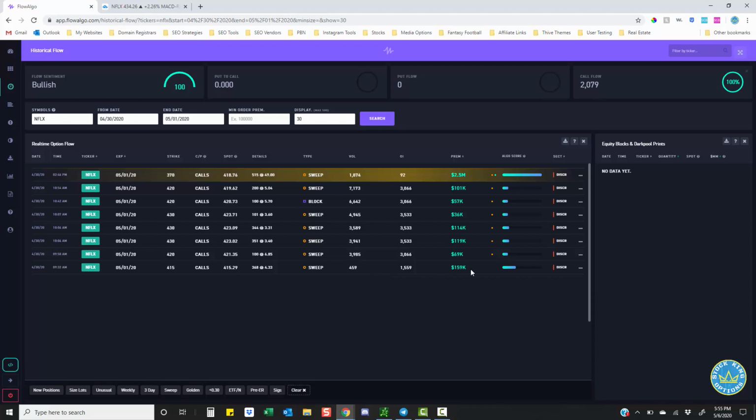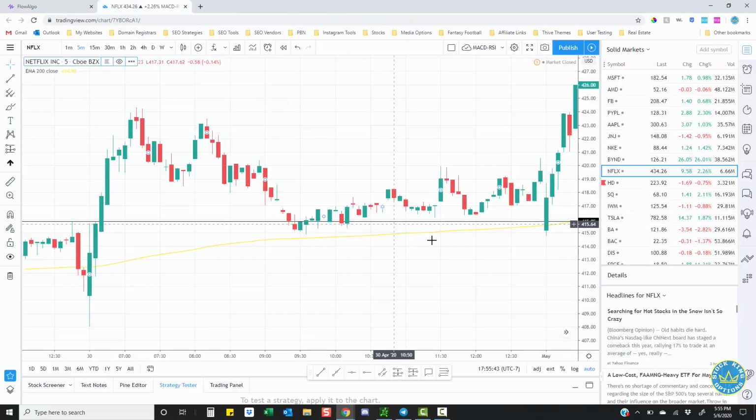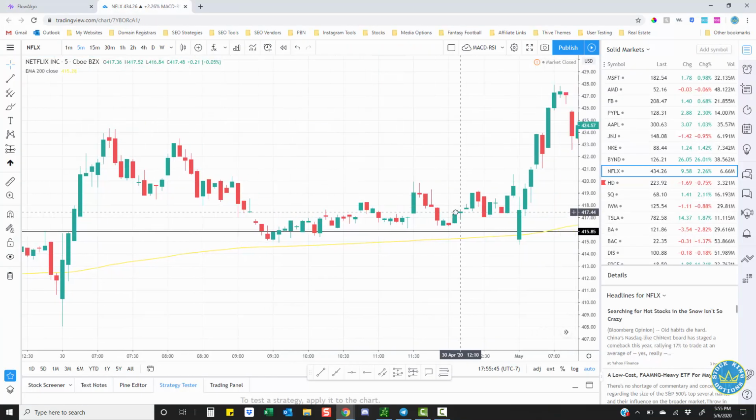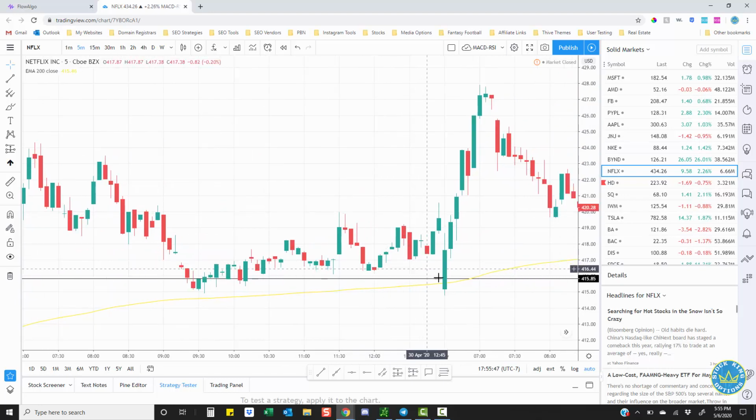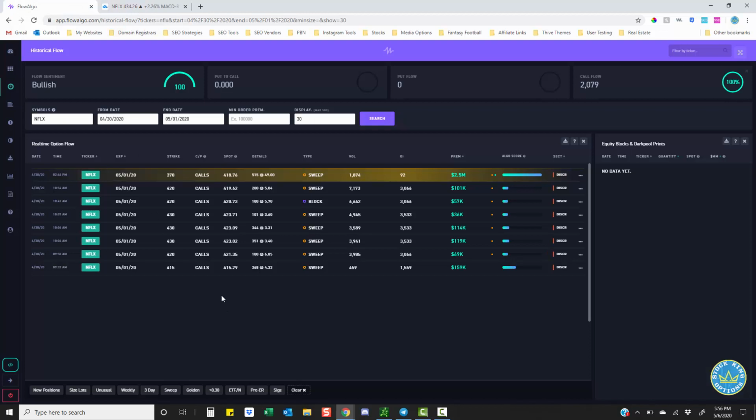They made all these orders for the next day expiration, and they're not just going to toss all this money away. So they came in, and guess what happened the next day? Netflix skyrocketed. They probably took profit somewhere around here. This is the power of using Flowalgo: noticing all these trades for the next day and basically following the smart money.